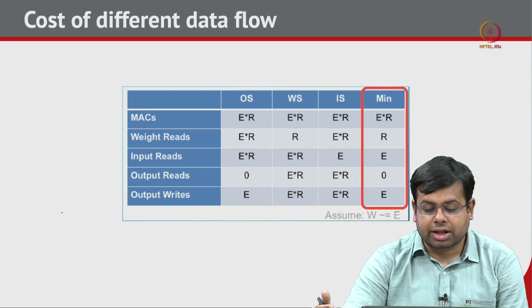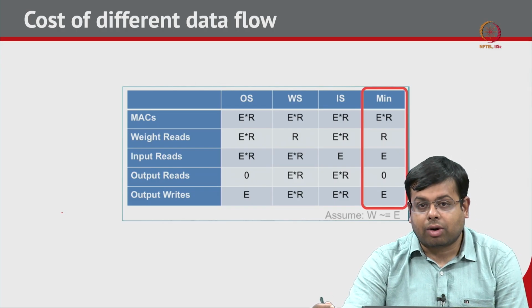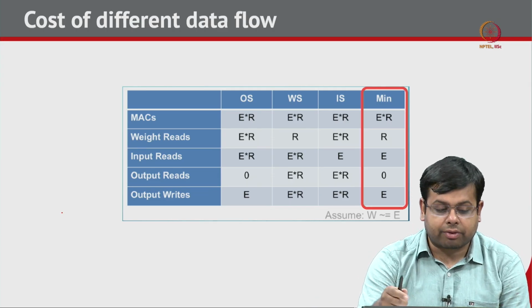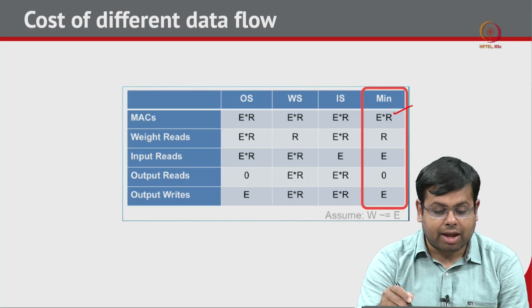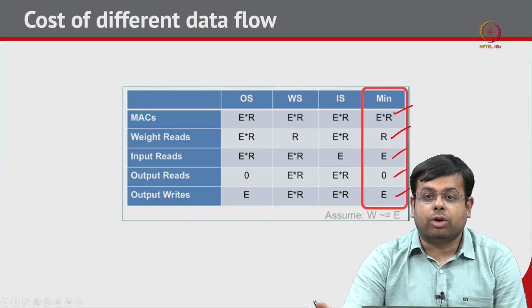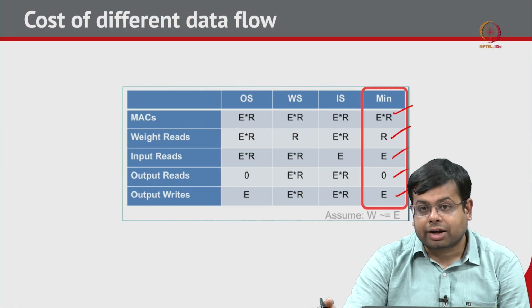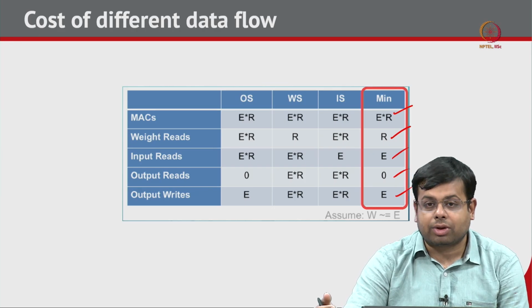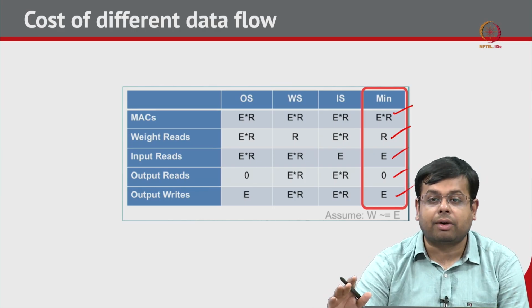And then we saw that if we want to build an accelerator, then this can be the minimum number of MAC, minimum number of weight read, input read, output read and output write. Of course, we might not be able to build that kind of accelerator, because again that is the best and hypothetical scenario, but whenever we build an accelerator, these should be our target.